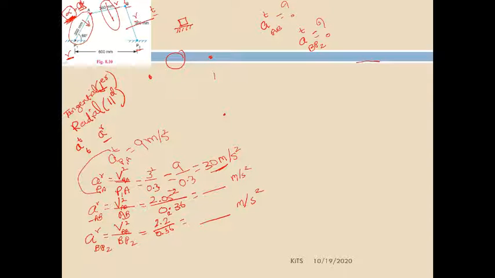Still, what values don't we have? We don't have the tangential component of AB and the tangential component of BB2. Using the remaining values, we have to draw the acceleration diagram.